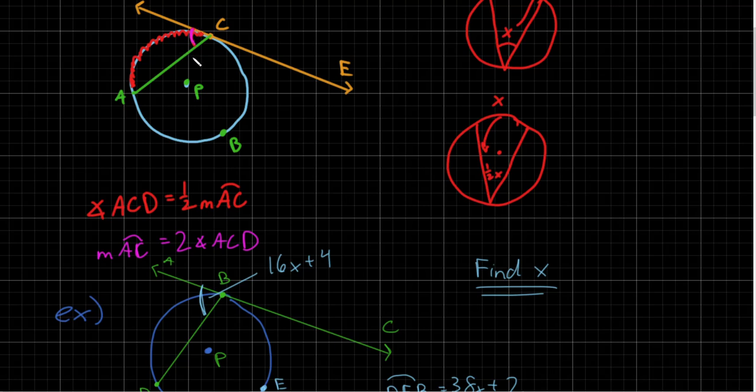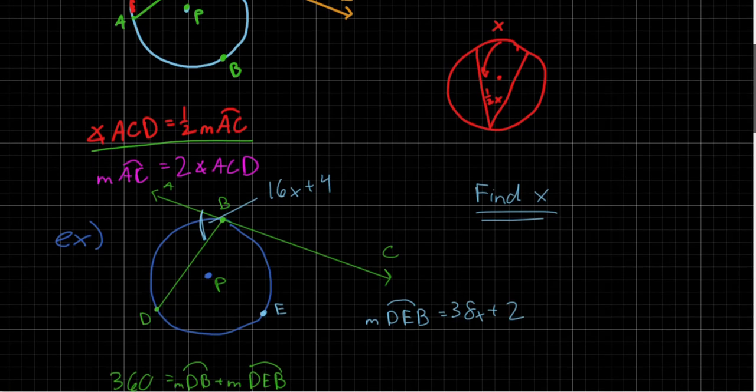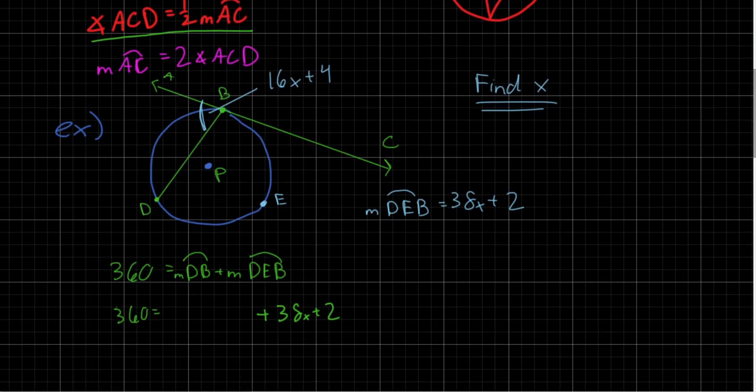So it's the same thing here. This angle and this arc have a relationship to each other. Yep, it's half of it. So how would I write that expression?